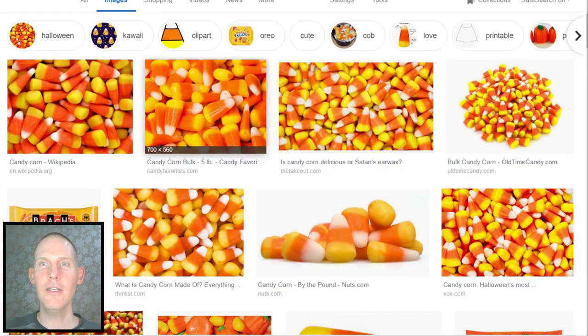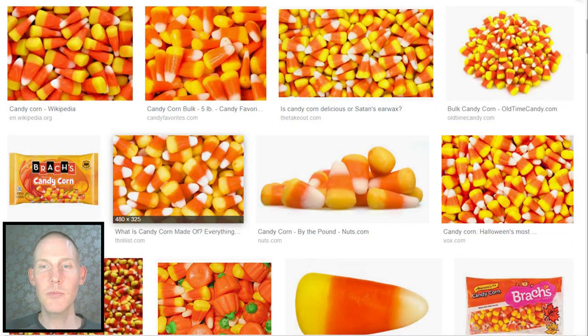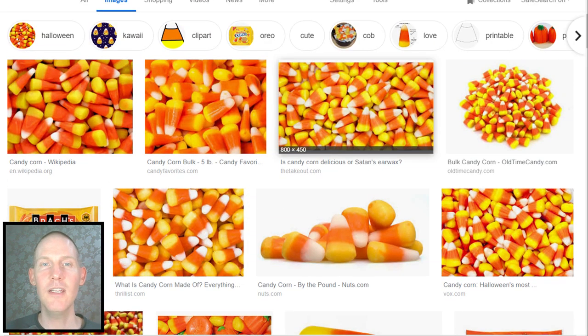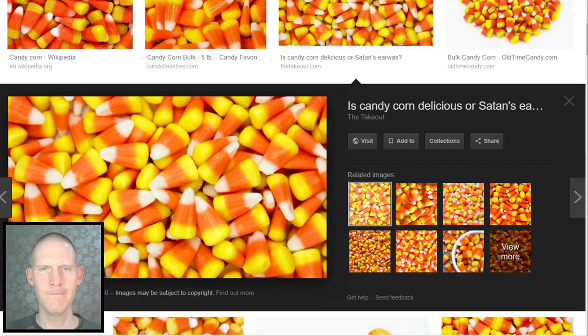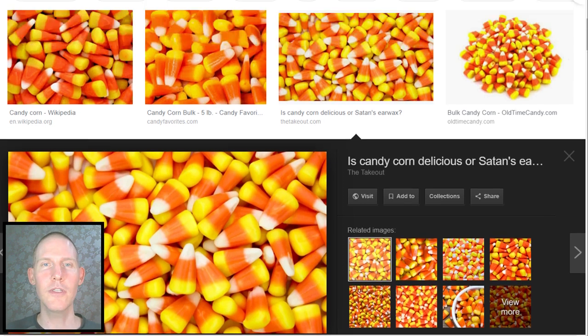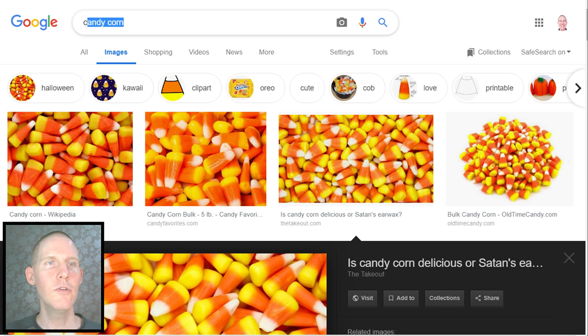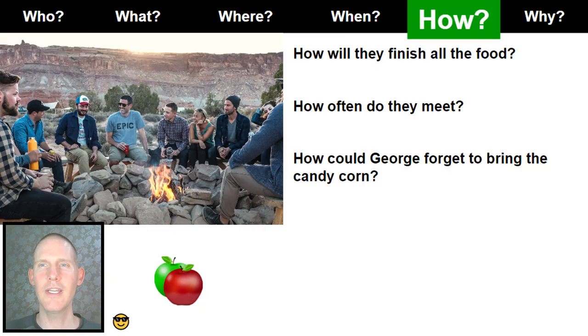This is candy corn. It's just small pieces of candy, basically pure sugar that tastes wonderful but is very unhealthy, right? Now you know what candy corn is. All right. So how could George forget to bring the candy corn?